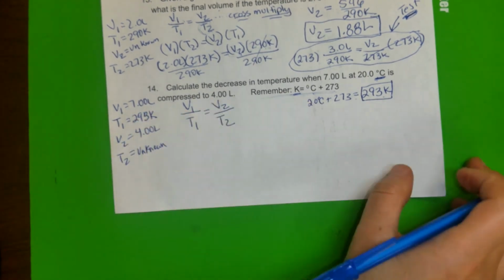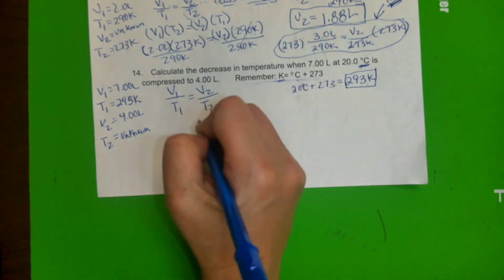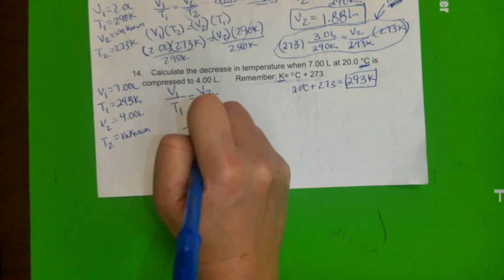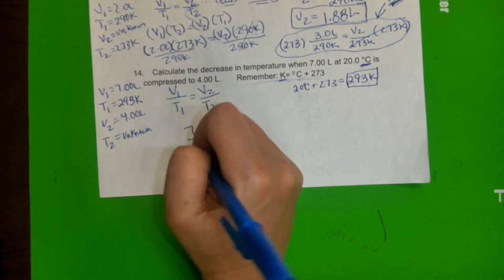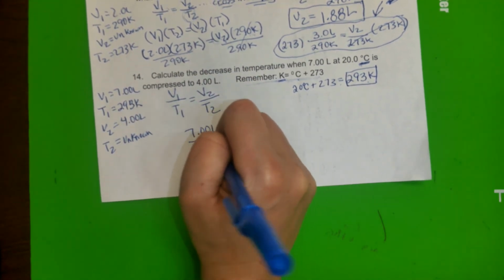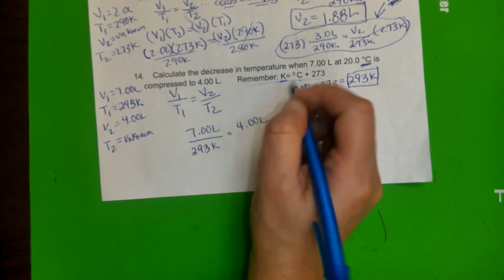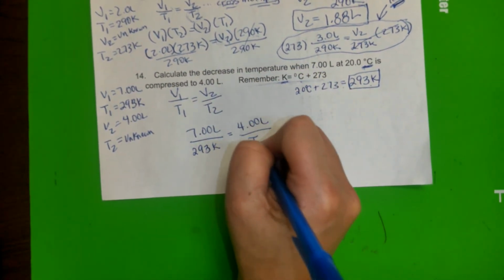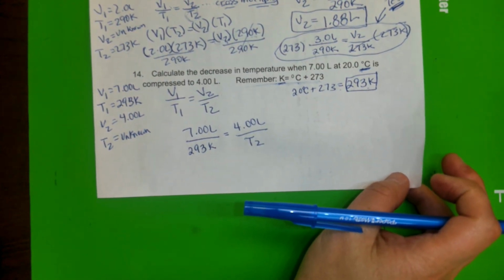So now let's go to the next one. Volume 1, 7.00 liters, divided by the 293 Kelvin, equals volume 2, which is 4.00 liters, divided by T2. T2 is the one that needs to be by itself.